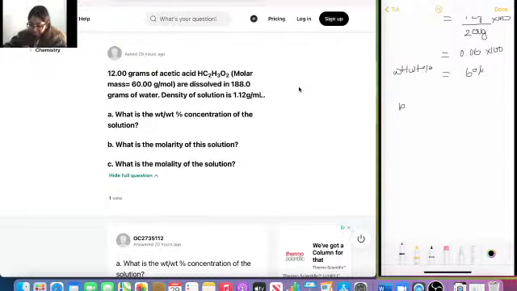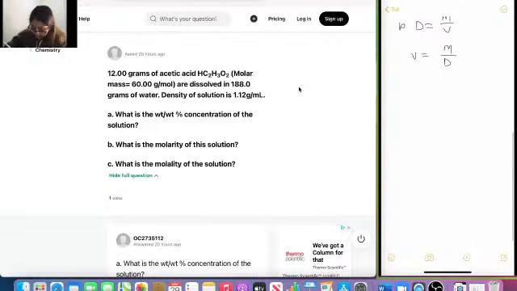And we are given density, so we can basically find our volume in this case. To find the volume of the whole solution, density is equal to mass over volume, and so your volume would equal mass over density.